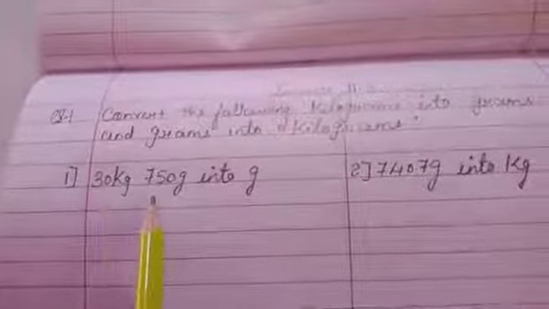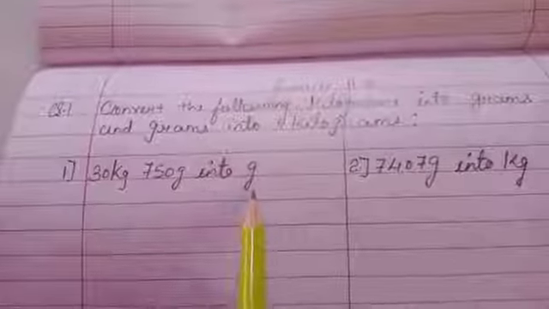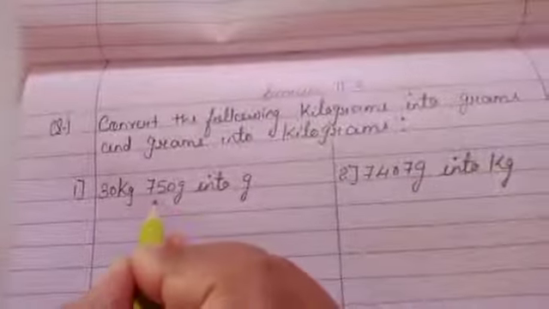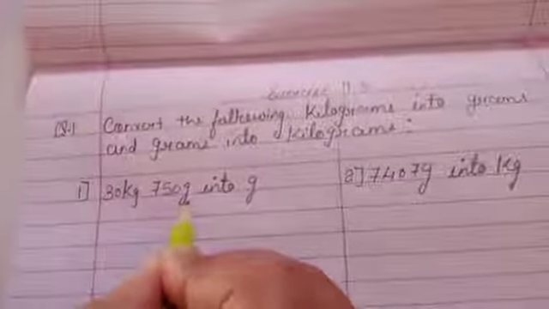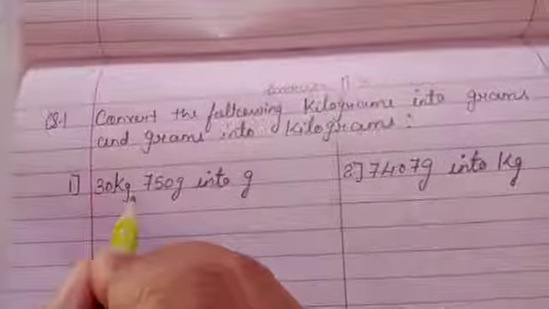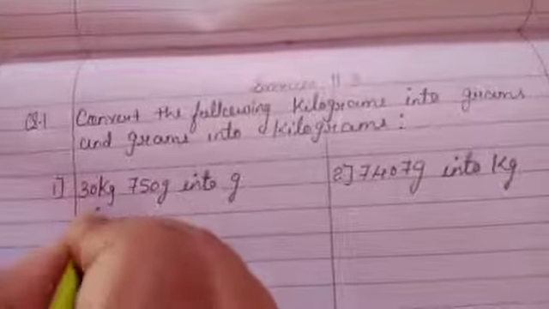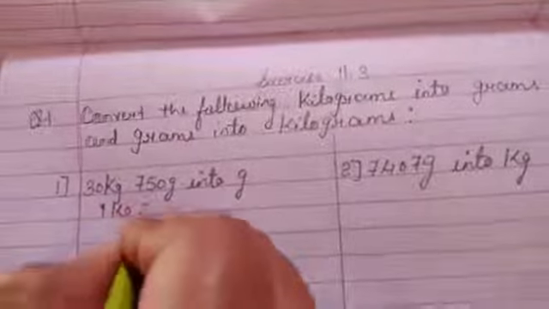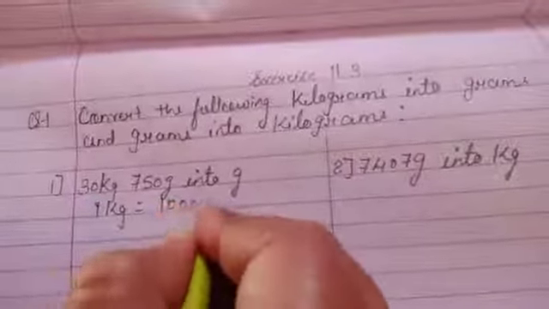Okay, so here number 1, 30 kg 750 gram into gram. This we have to change into gram. In the question, 750 gram is already there, so only we have to change this 30 kg into gram. First we will write 1 kg equals 1000 gram.